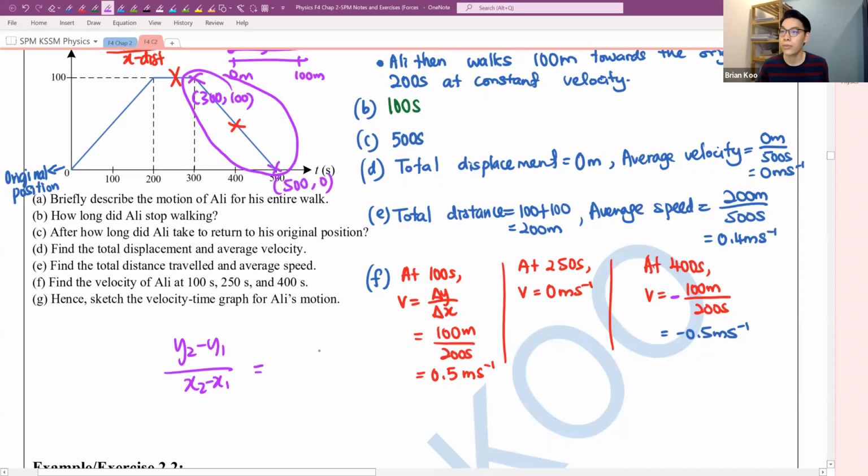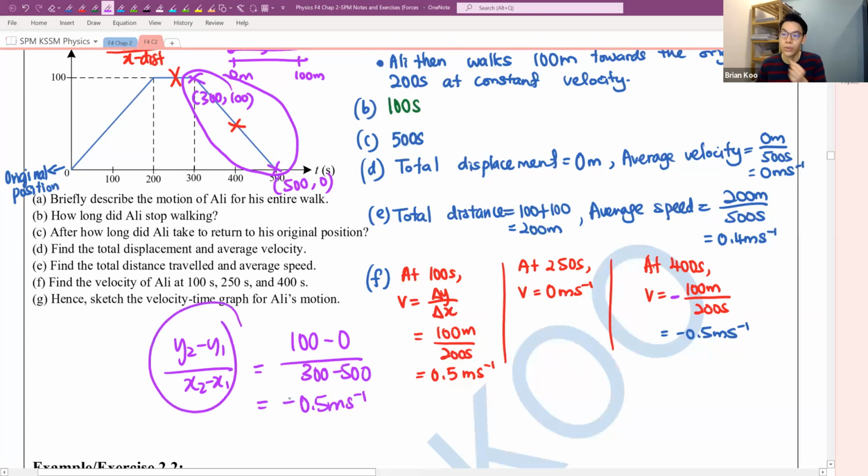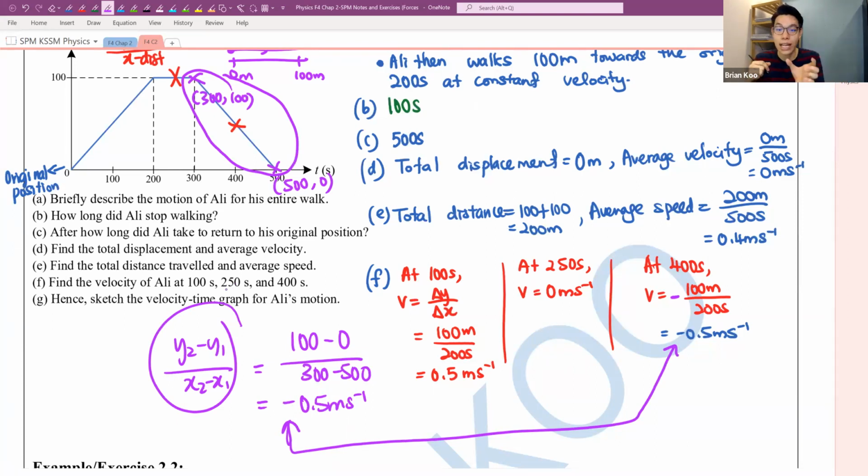So the gradient would be y value minus y value over x value minus x value. You will still get the same thing. And if you do this straight away, you don't need to worry about your plus or minus sign. It will take care for you, this formula. I prefer to just take the values and then put plus or minus myself, because it's very easy to see the y distance and x distance.